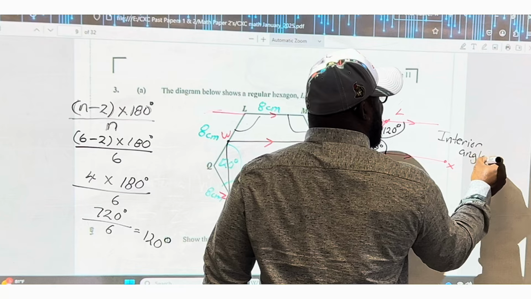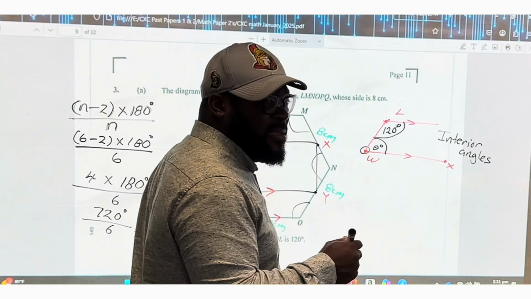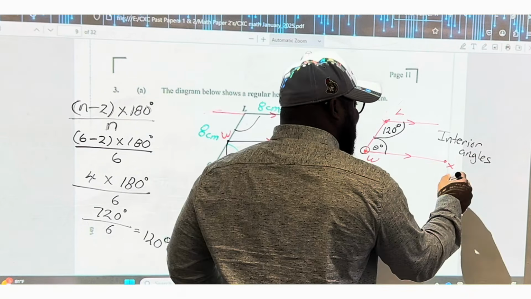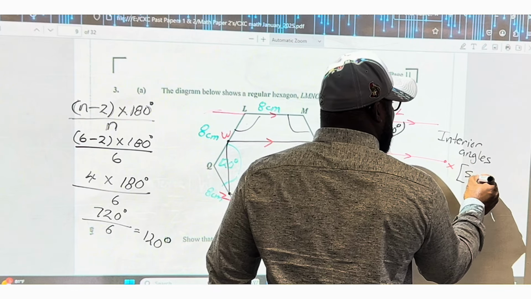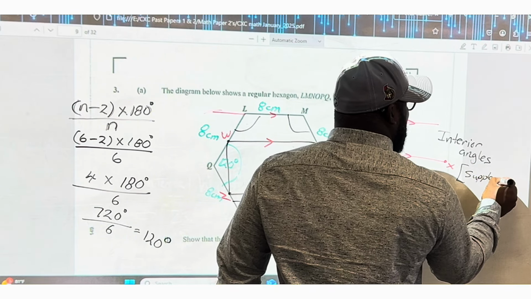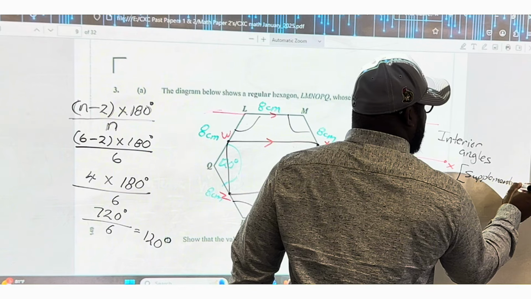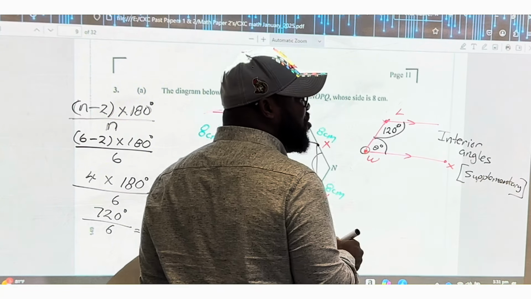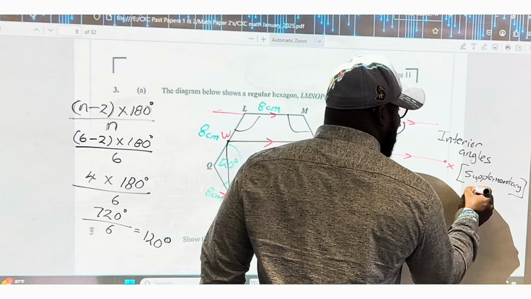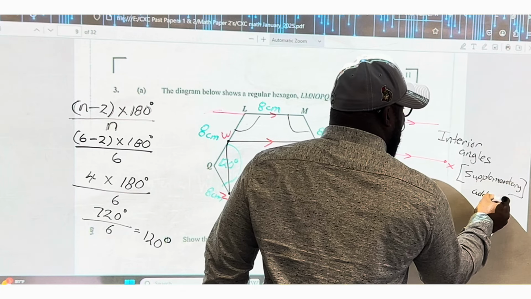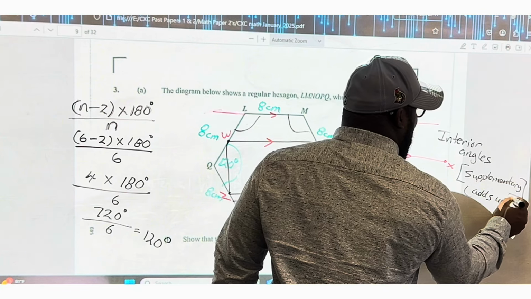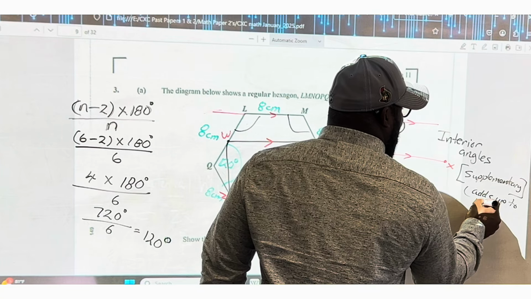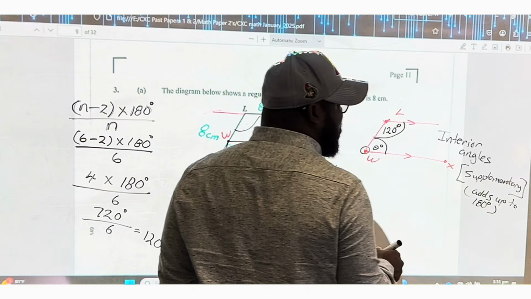Now, interior angles are what we call supplementary. What is supplementary? Supplementary means adds up to 180 degrees.